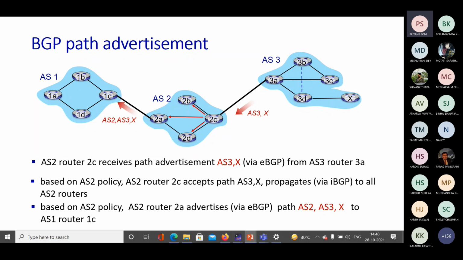Accordingly, the path will be either accepted or declined. If it is accepted, again via iBGP, the information will be propagated to all the routers that belong to AS1, and so on. Again, from the gateway router of AS1 the information will be propagated further. It will continue like that.